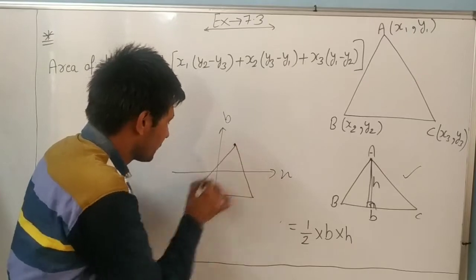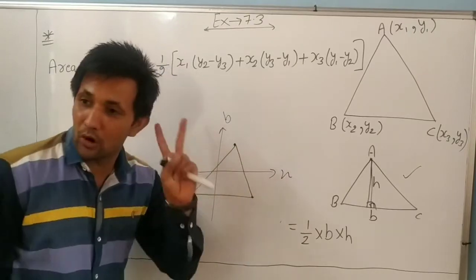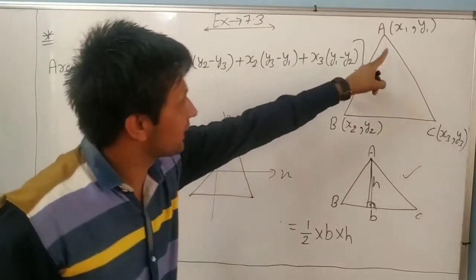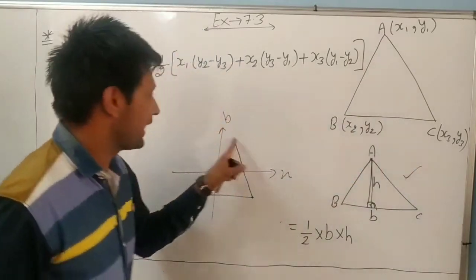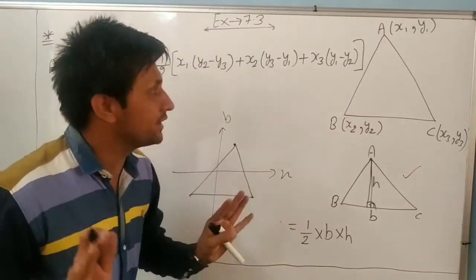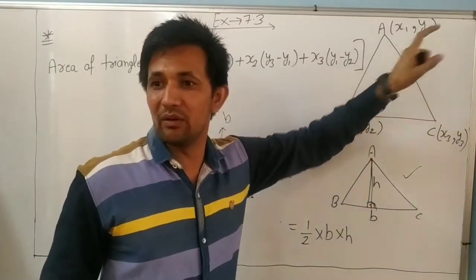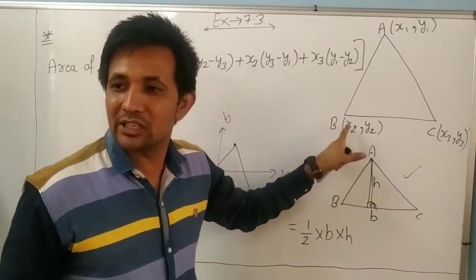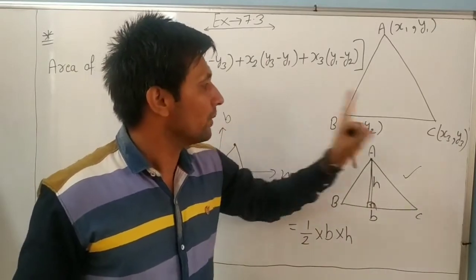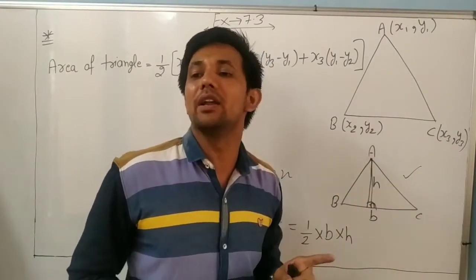Every point has two coordinates. So it is a triangle ABC. Suppose point A has coordinates x1 y1, the coordinates of B are x2 y2, and C is x3 y3.